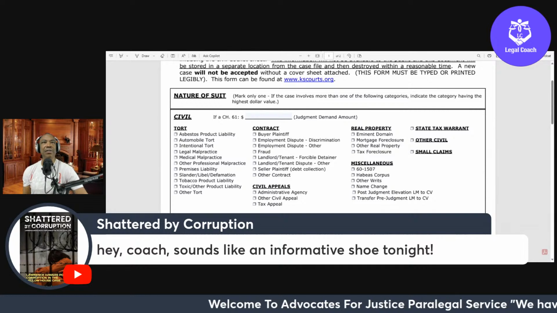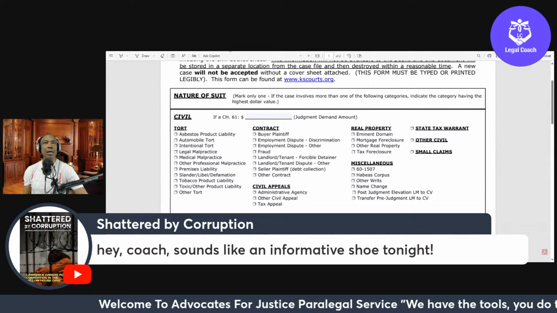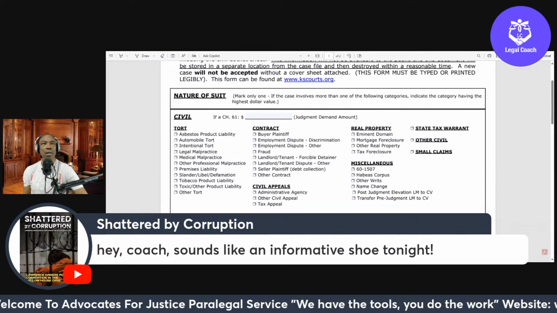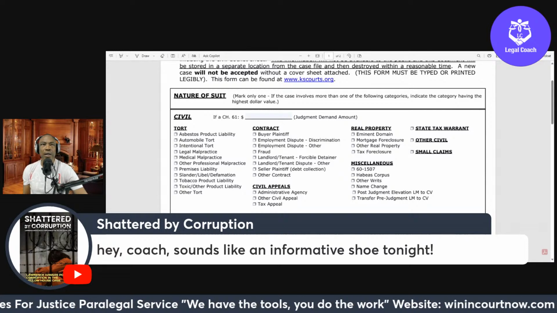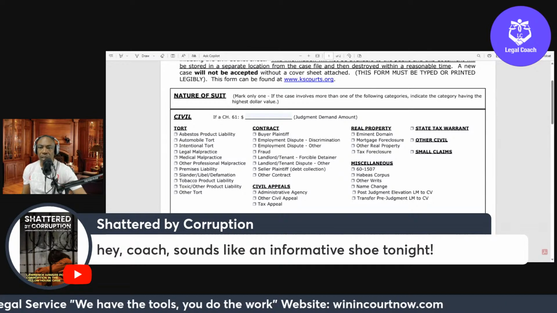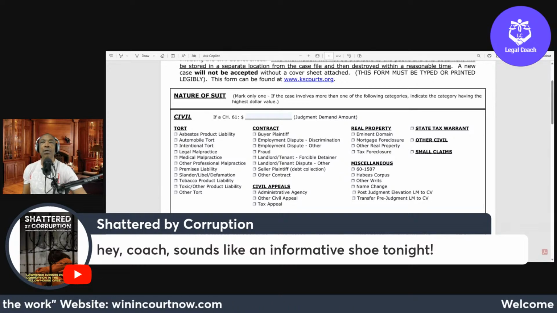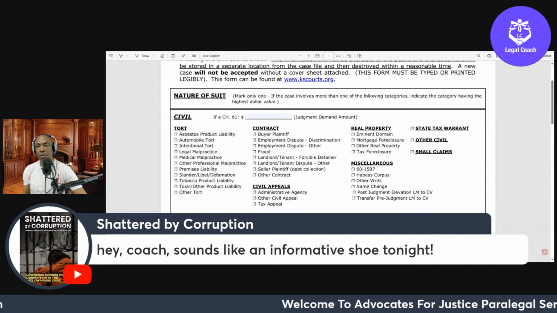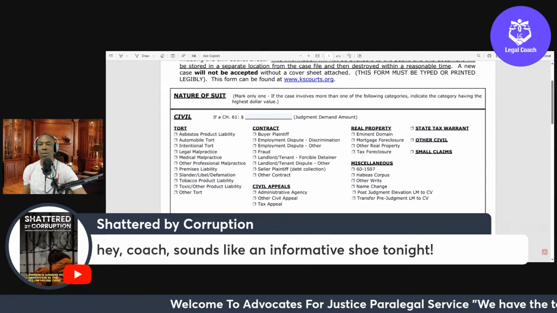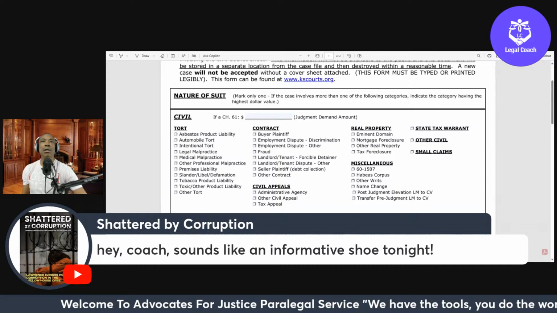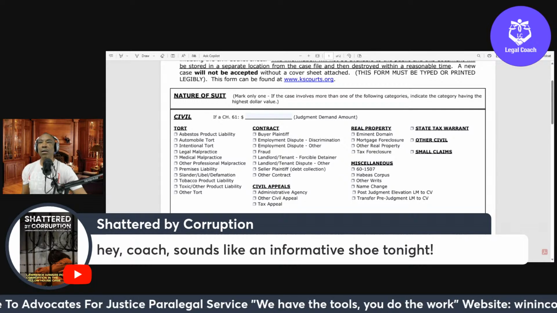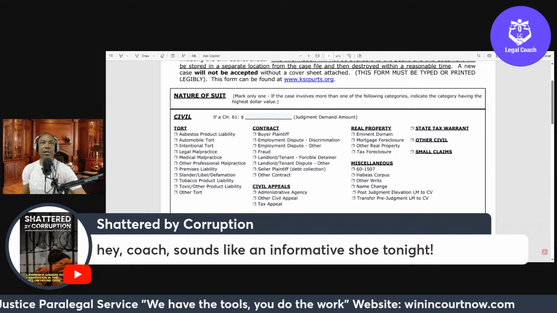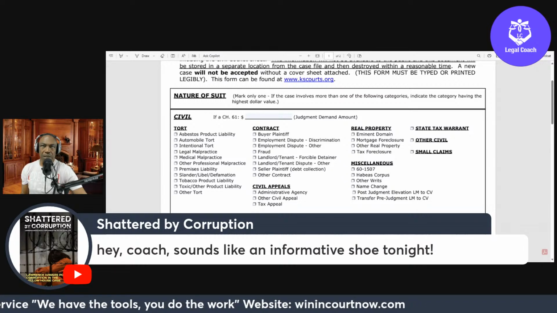Let's see if I can share this one. I don't know if I'm going to be able to share this one or not. Okay, can you guys see that tab still? Are you looking at the civil case subtype definitions?